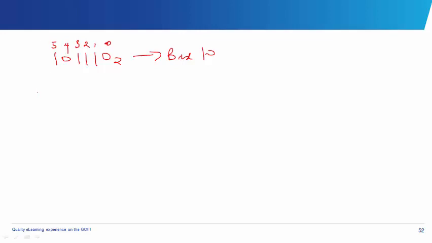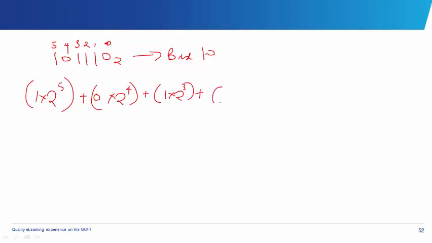We'll now do 1 times 2 raised to the power 5, plus 0 times 2 raised to the power 4, plus 1 times 2 raised to the power 3, plus 1 times 2 raised to the power 2, plus 1 times 2 raised to the power 1, and plus 0 times 2 raised to the power 0.